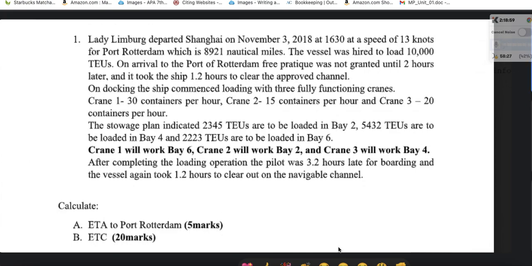So, Richie, what do you get when we divide? 28.59 days. You can have 0.59 hours, so you're going to have to times that 0.59 by 24.